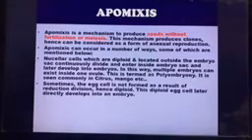Is it clear? Now we come to the other case. Sometimes what happens is that in the egg cell, reduction division, that is meiosis, doesn't take place, hence it remains diploid, and this egg cell develops into an embryo, right? So these are the different mechanisms by which apomixis takes place. Generally, any part of the ovule which is diploid may give rise to an embryo.